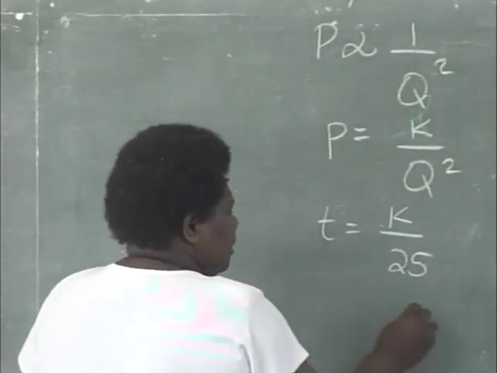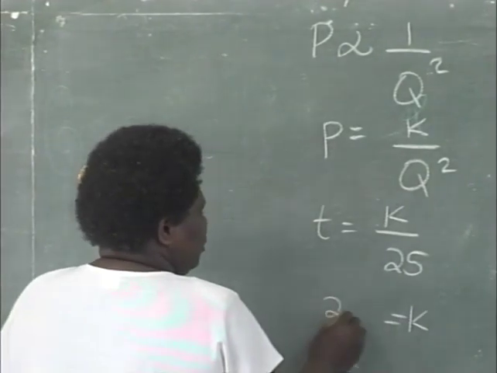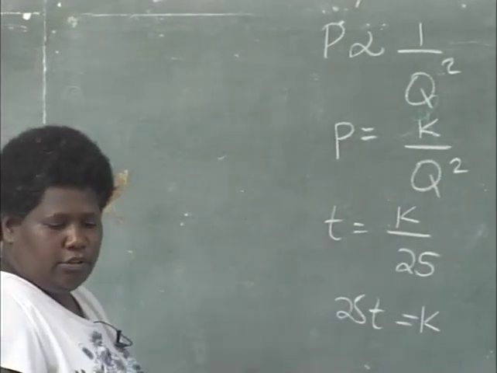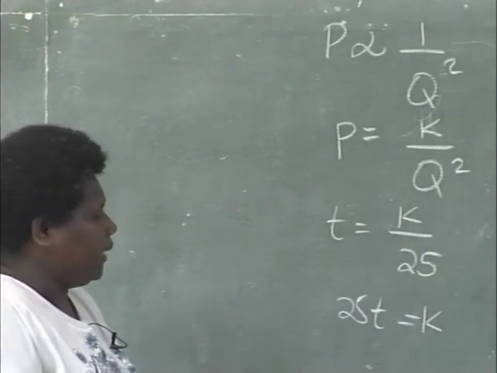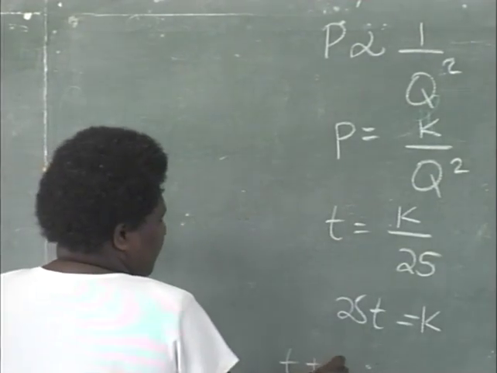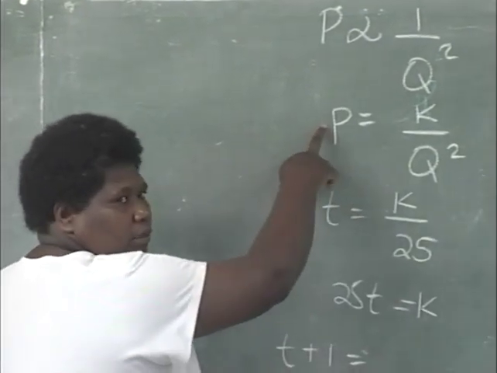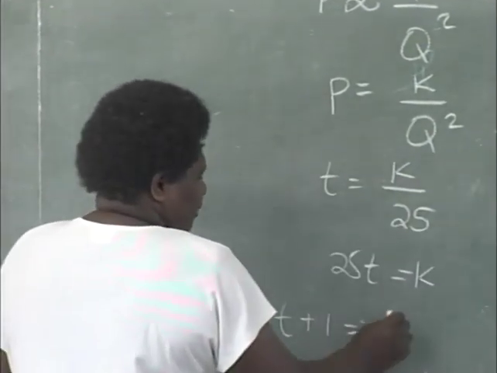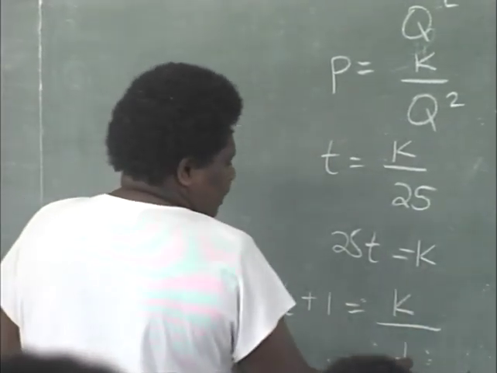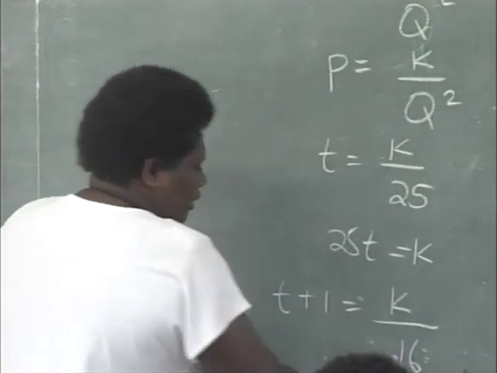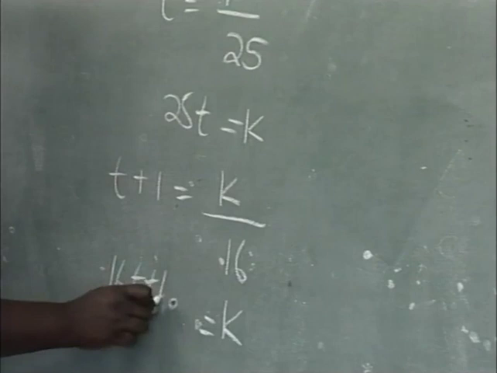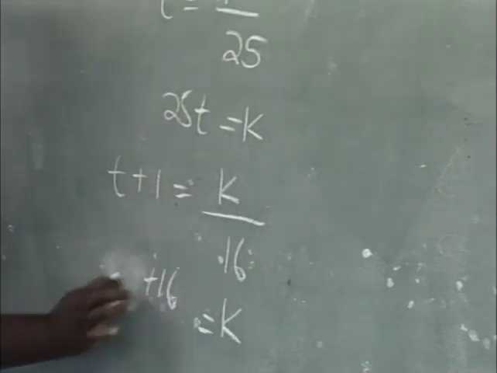From this equation, K is equal to 25T. You are also told that when P is T plus 1, Q is 4. So P is T plus 1. I'm substituting into this equation. When Q is 4, then Q squared is 16. And K is equal to 16T plus 16.